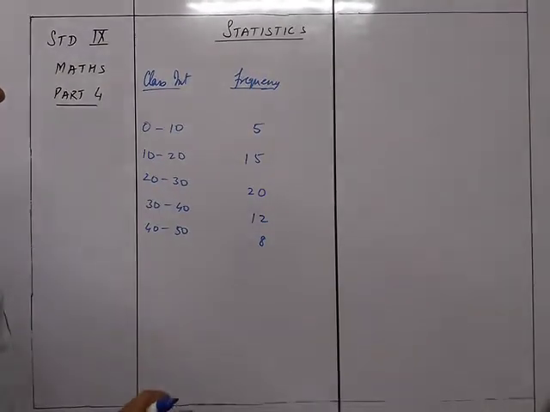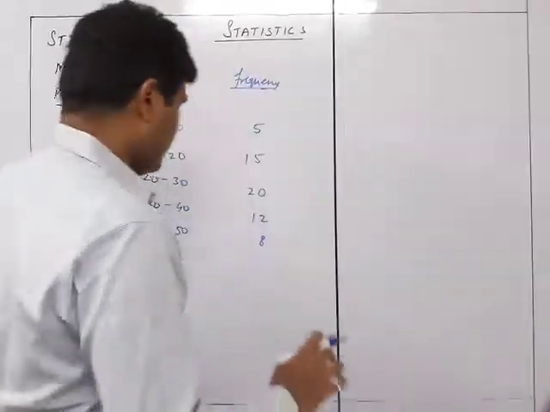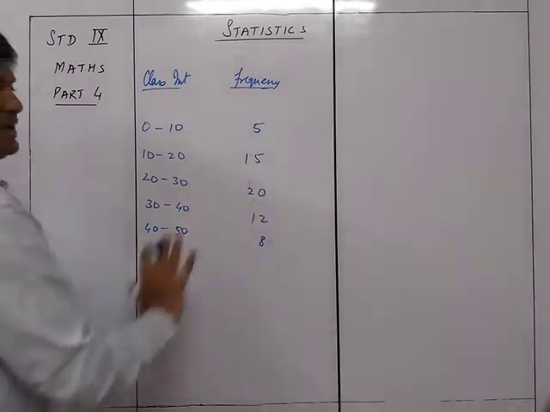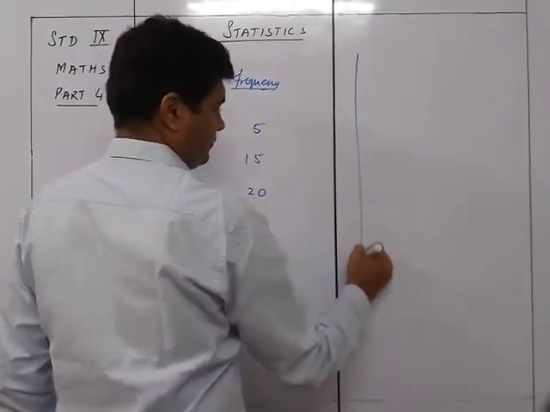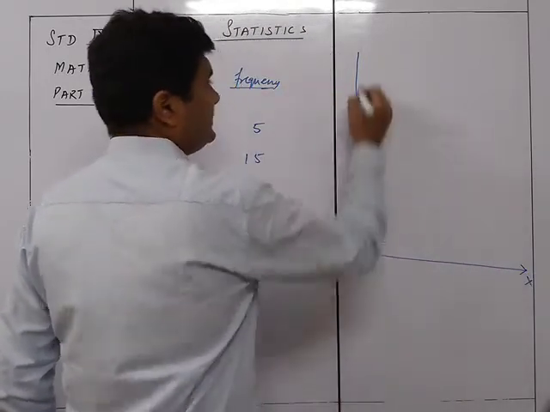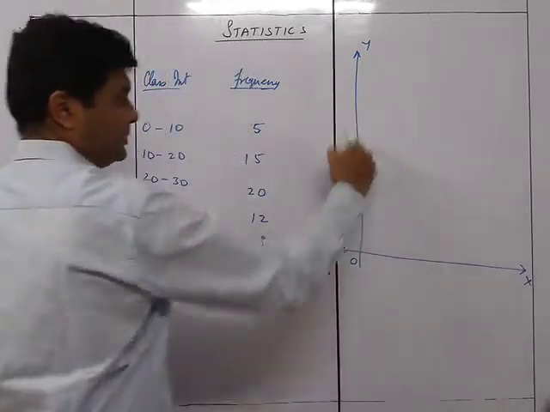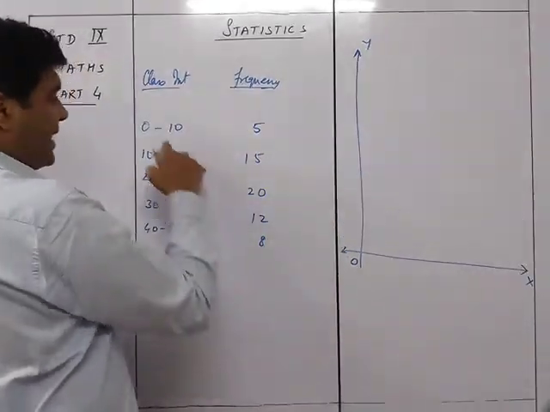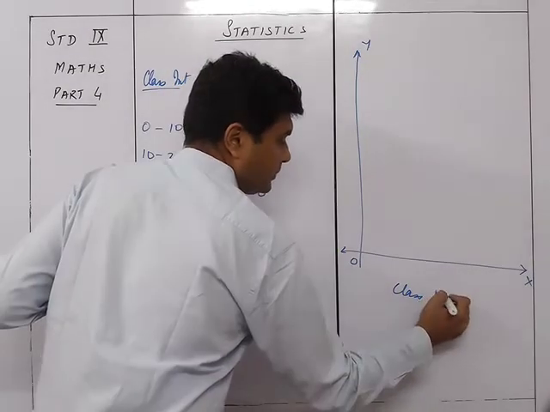So let's draw the histogram first. Histogram is very simple. You are just going to plot this on both sides, x-axis and y-axis. So we have the graph paper, wherein this is the x-axis, this is the y-axis. Now you have the numbers on both sides. Here this is class interval.